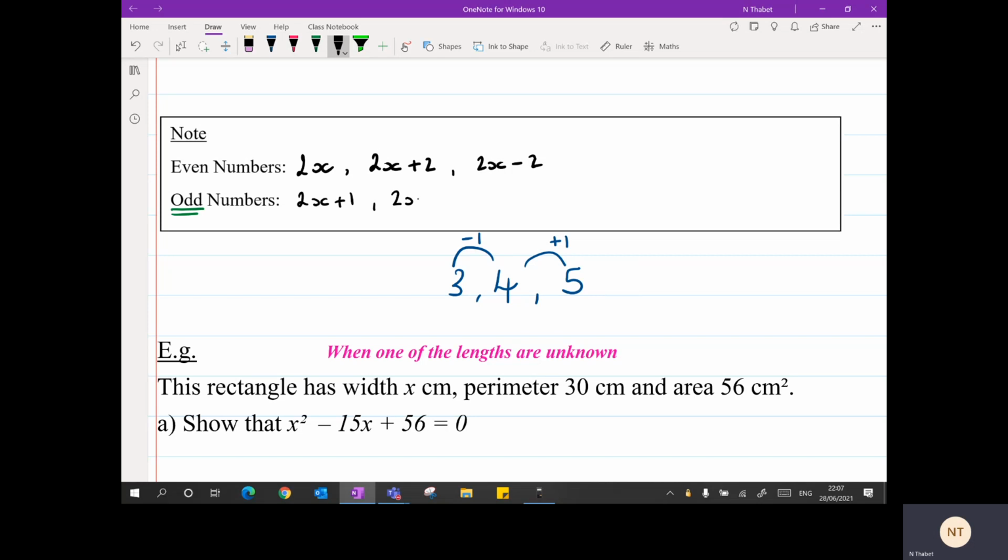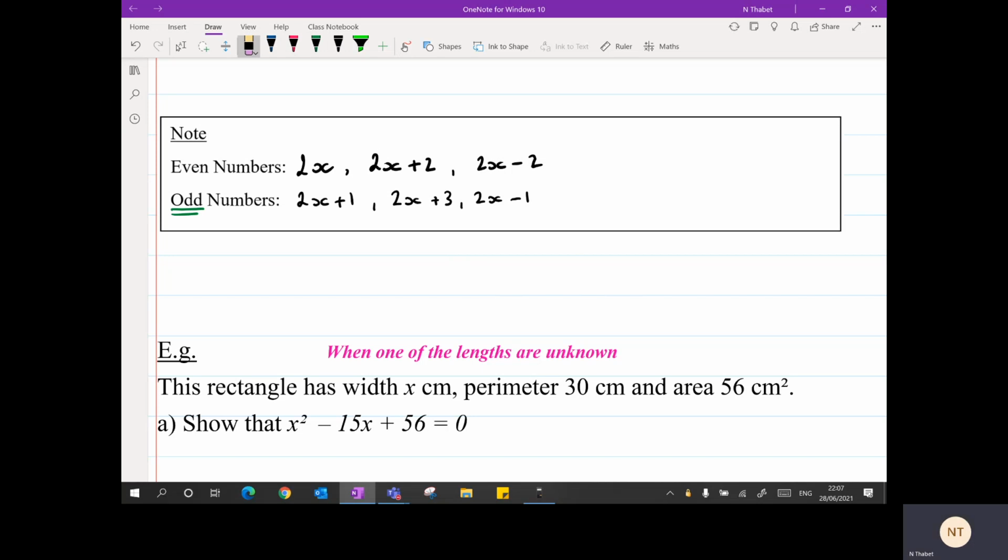Of course, something like 2x plus 3 is also odd. 2x minus 1 is also an algebraic representation of an odd number. So just keep that in mind for any questions that particularly reference even and odd numbers.